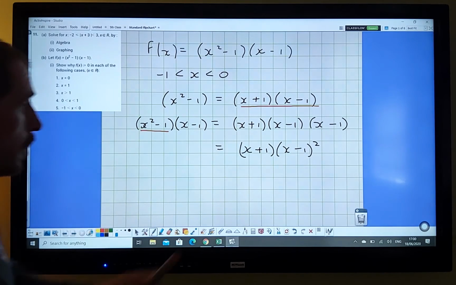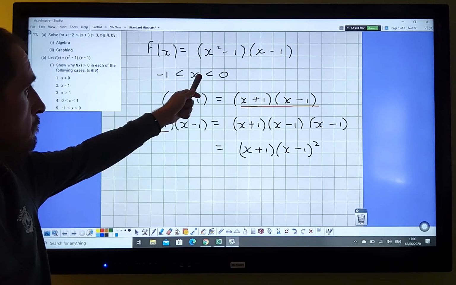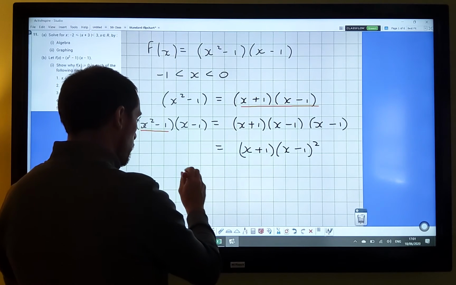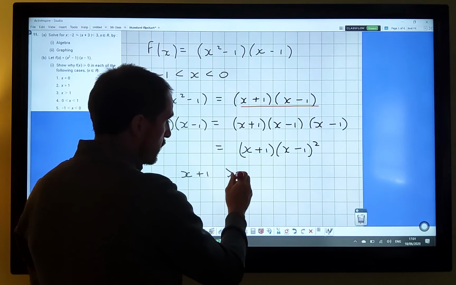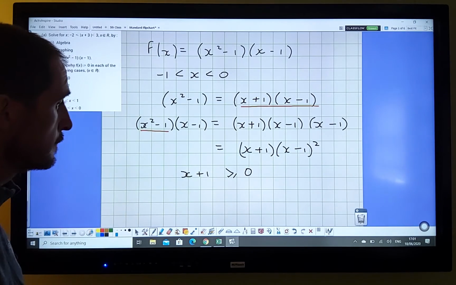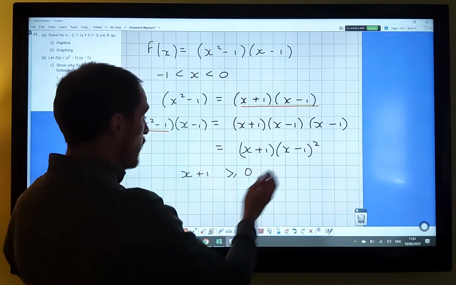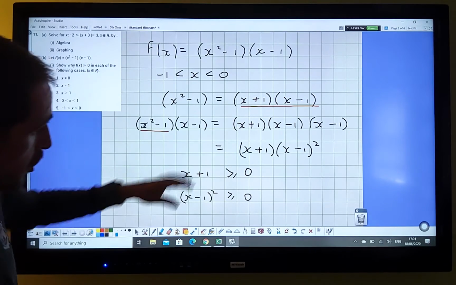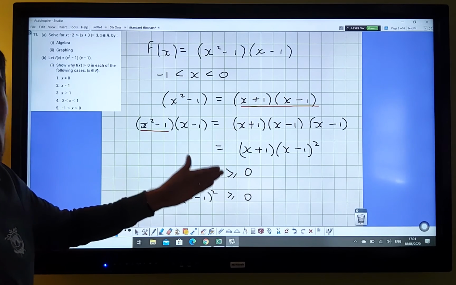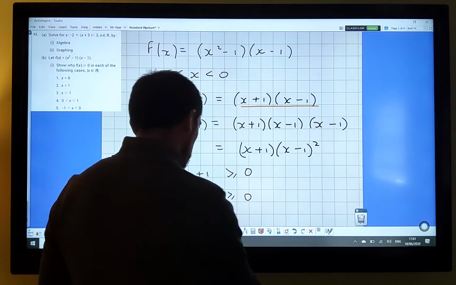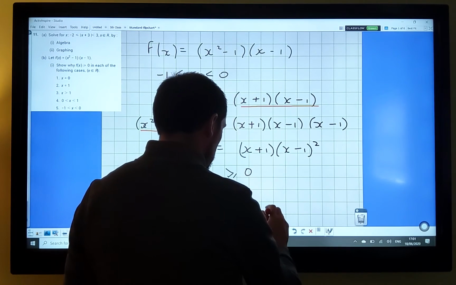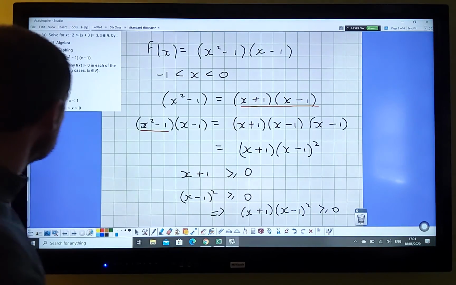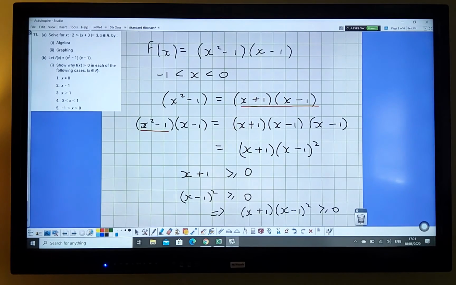Now if you think about it, 1 is bigger than the magnitude of any number here, so even though x could be negative, x plus 1 in this case is greater than or equal to 0. It's positive. And again, no matter what the number in here is, because it's squared, it has to be greater than or equal to 0. If you've got two numbers that are greater than or equal to 0, when you multiply them, the answer has to be positive. So therefore, (x plus 1) times (x minus 1) squared has to be greater than or equal to 0. So that's part B there. Hope you find that solution okay.